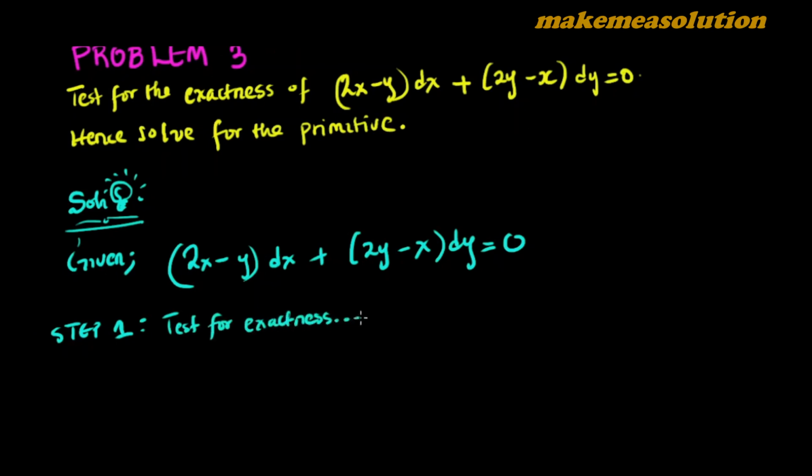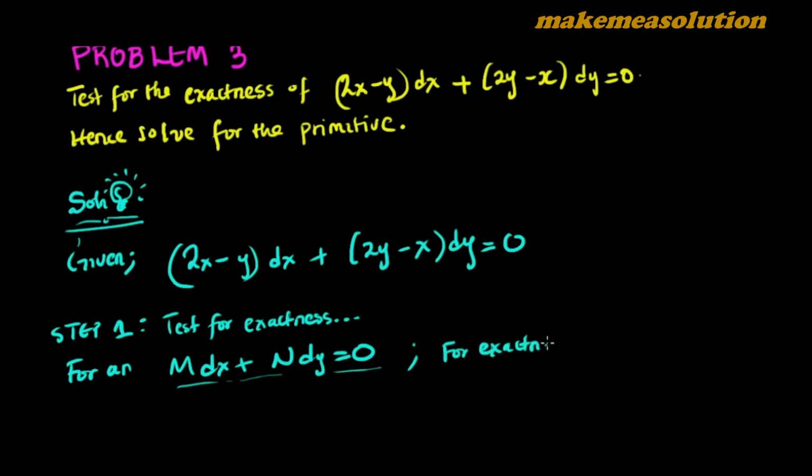So do you still remember how to test for exactness? For M dx plus N dy equal to 0, whenever we're given a differential equation in this form, the condition for exactness is that My should be equal to Nx.